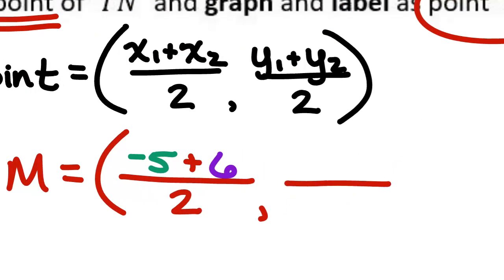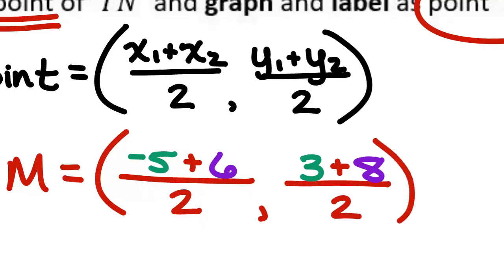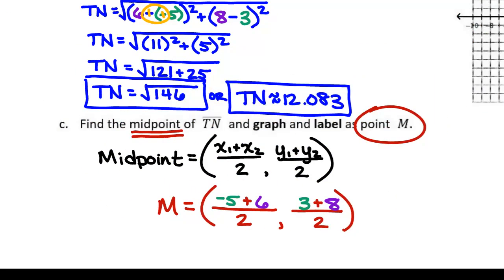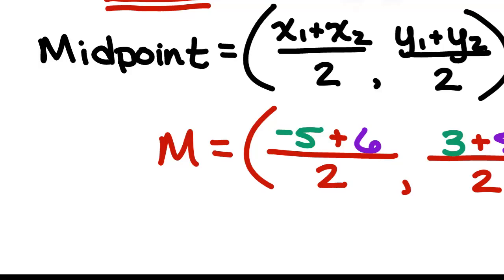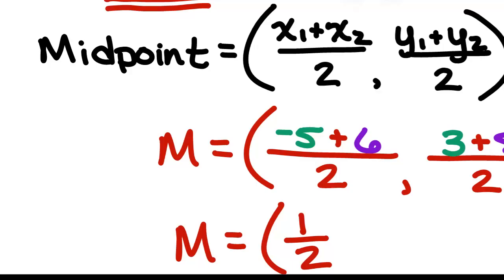And then we do the same thing with the y's. y1 is 3 plus y2, which is 8, and we cut that in half. What is -5 plus 6? -5 plus 6. 1. So I have 1 over 2, or 1/2.